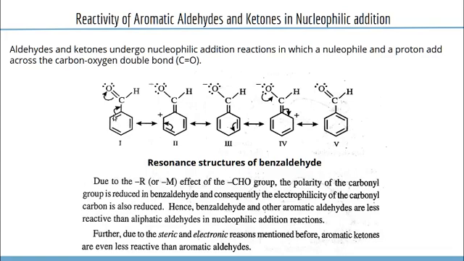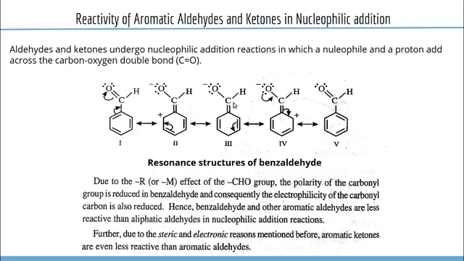here electrons are attracted or taken by the CHO group. So the polarity of the carbonyl group is reduced. Here you can see the polarity is reduced in the carbonyl group, which further affects the electrophilicity of the carbonyl group.